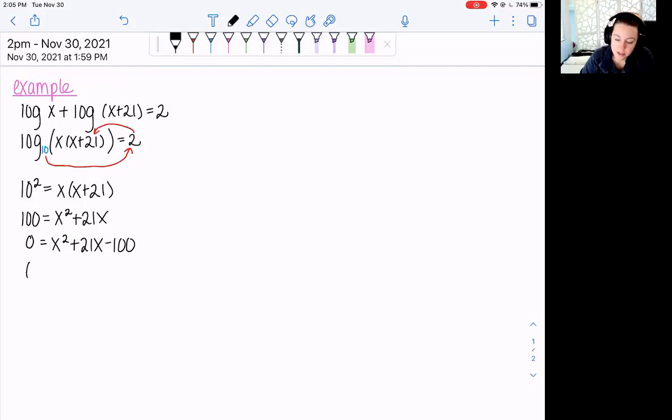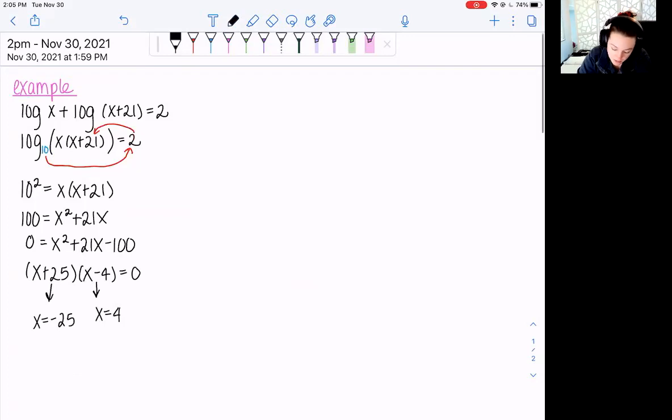The two numbers that multiply to negative 100 and add to positive 21 are 25 and negative 4. So x plus 25, x minus 4 equal to 0. We get x equal to negative 25, x equal to 4.